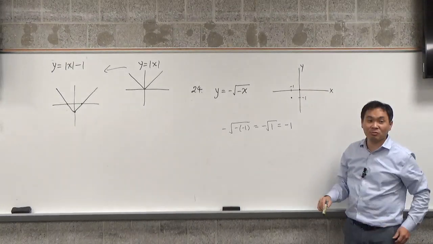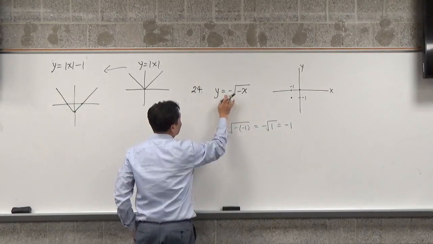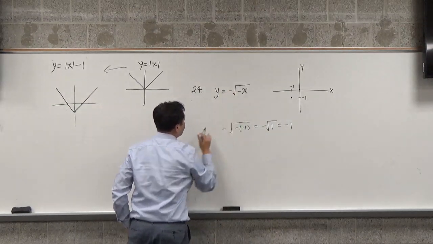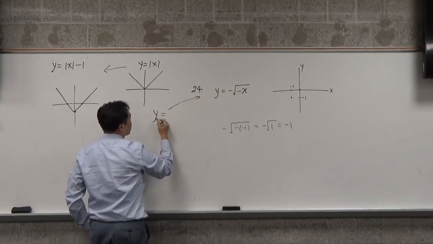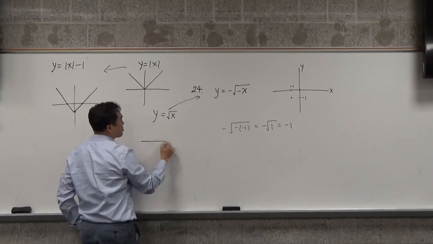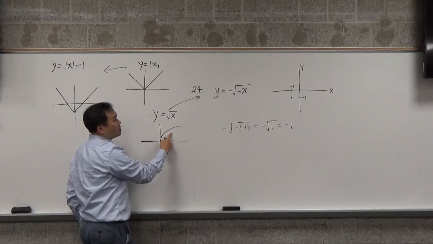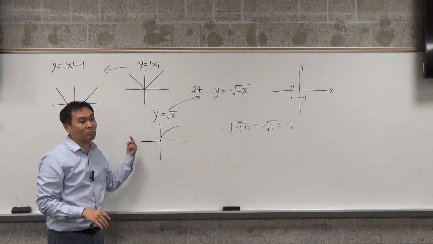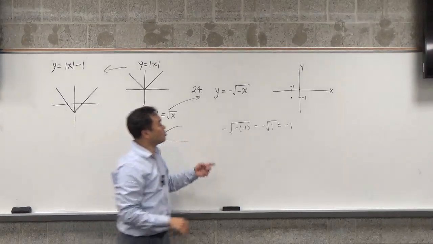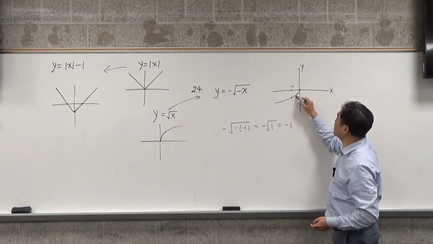Oh, okay, so that kind of gives you some idea, right? What is the prototype of this? That's when none of these minuses appear. The prototype for this one is y equals square root of x. Do you remember the graph? It's this one, right? So negatives, they reflect. So this is reflected in some direction. To pass through these 2 points, what can it be? It has to be this one, right?